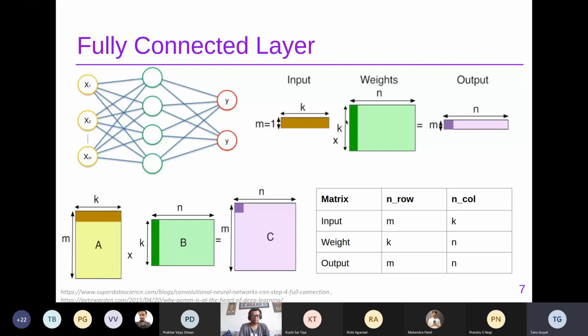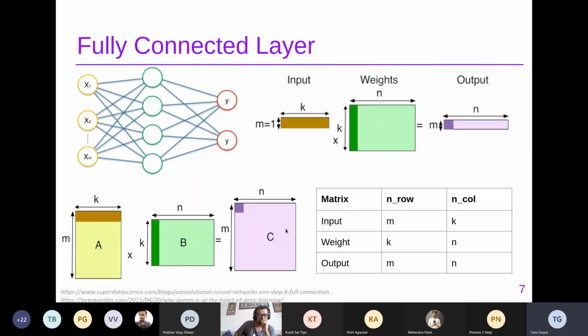If we take a batch of data points, we'll be getting m different data points, and this will be the matrix multiplication block diagram. And if we get the matrix parameters, for example, the letter A is the input matrix, the number of rows and columns are m and k, similarly for the other matrices.